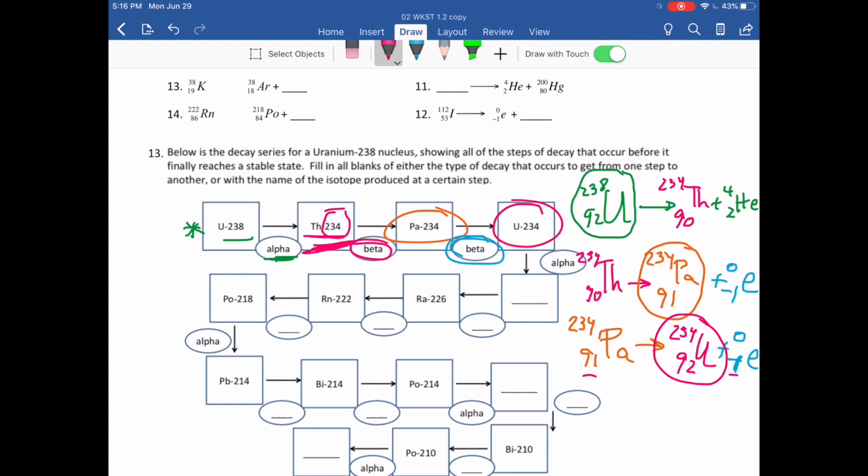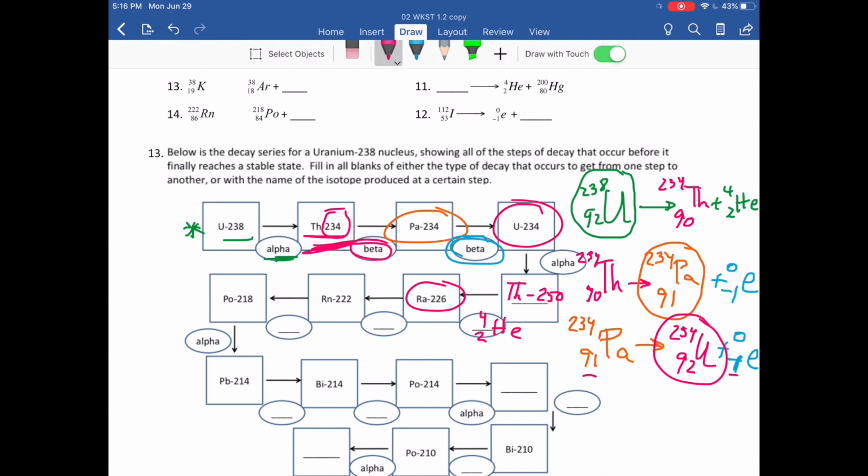For the rest of them, I'm going to just complete the answers. And if you have any questions, you can absolutely ask me all the questions you want. The uranium-234 after releasing an alpha particle is going to form the thorium-230. This one will have to release an alpha particle, a 4-2 helium nucleus, to form the radium.